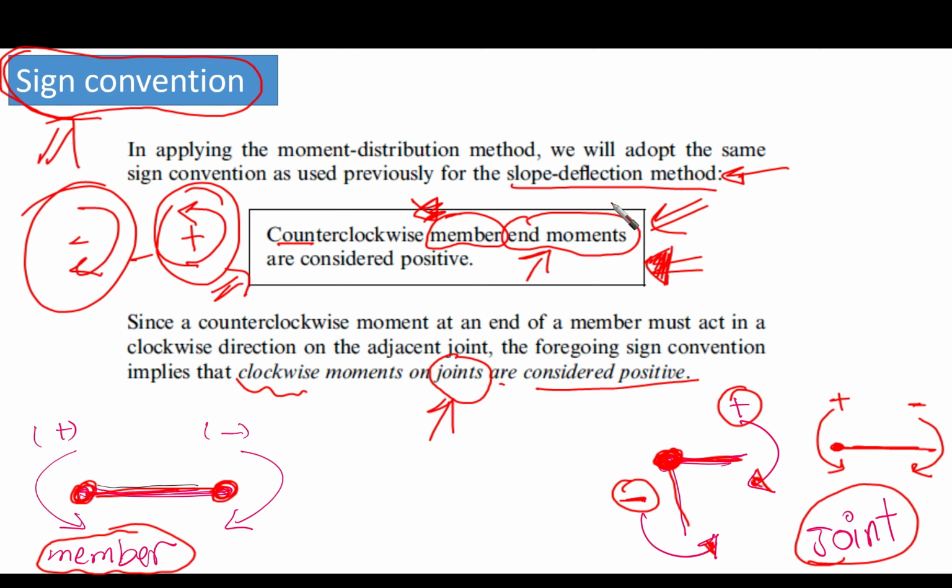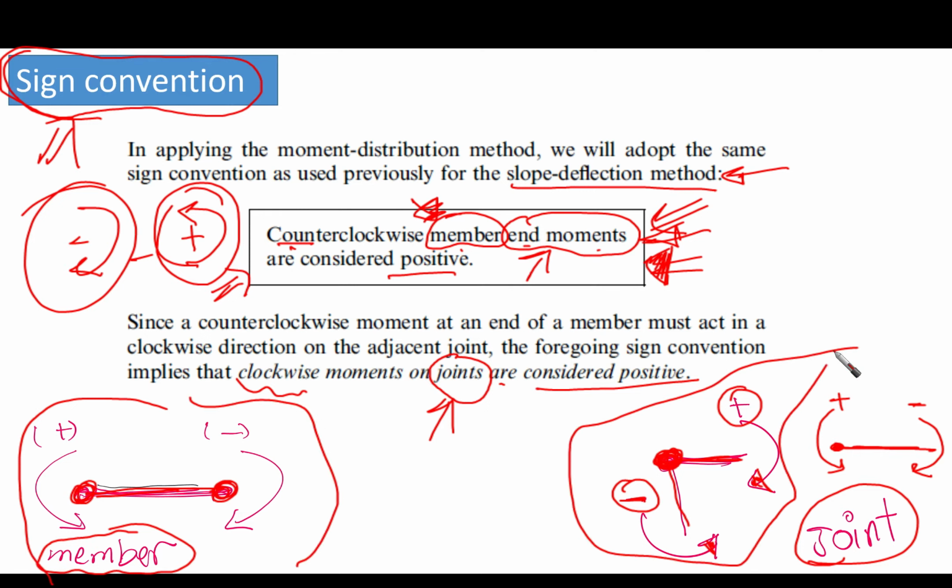So what should we do in order not to be mixed up or confused? Remember this sign convention: counterclockwise member end moments are considered positive. That's it. And then about the joints, it is the opposite. So remember what I have explained here because it is really crucial to understand this.